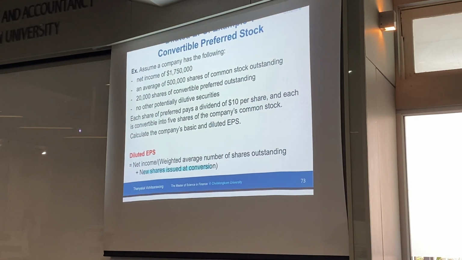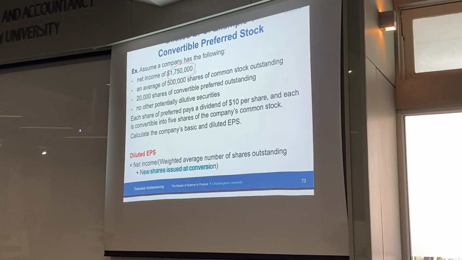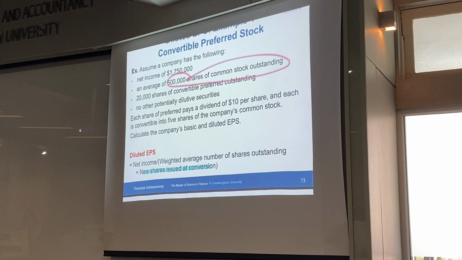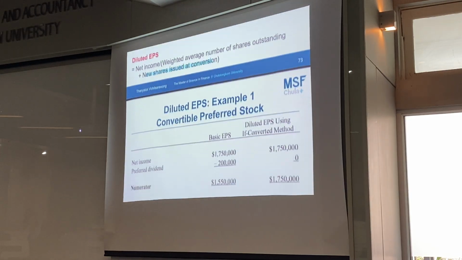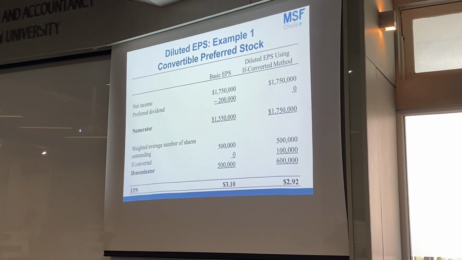Here, we know the net income, we know the average common shares outstanding is given already, and we have 20,000 convertible preferred shares. So we're assuming that this one is converted, right? So in the diluted EPS, if you use the if-converted method like this, the preferred share has been converted, so we don't have to pay preferred dividends.